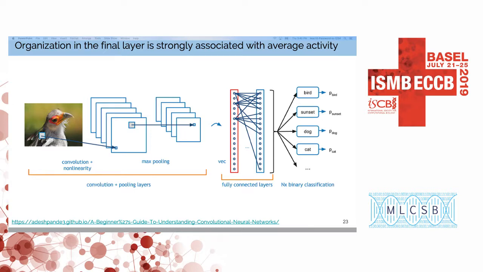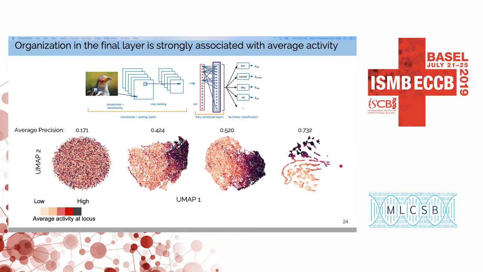What we have here at the end is some final hidden layer before we make our prediction. If we focus on this final layer, we can look at the representation of all the loci in our model right before we make this prediction. What we've done here is look at 4 models that range from poor performance on the left-hand side to great performance on the right-hand side.